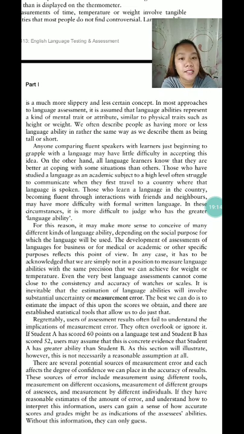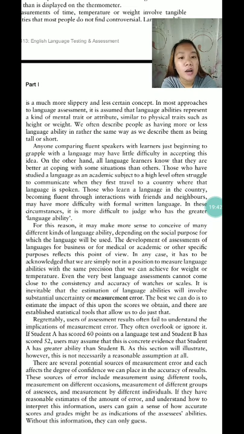We often describe people as having more or less language ability in rather the same way as we describe them as being tall or short. Anyone comparing fluent speakers with learners just beginning to grapple with a language may have little difficulty in accepting this idea.